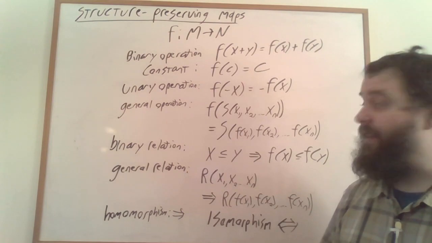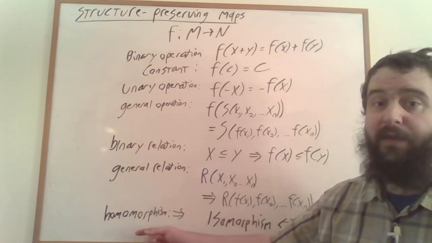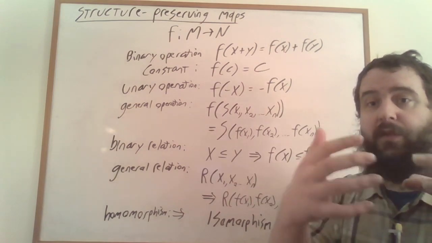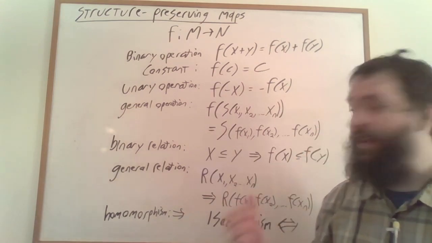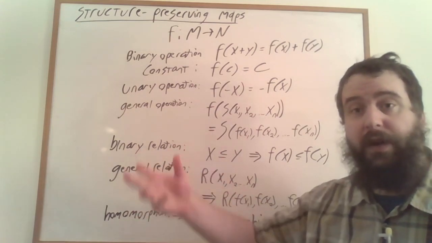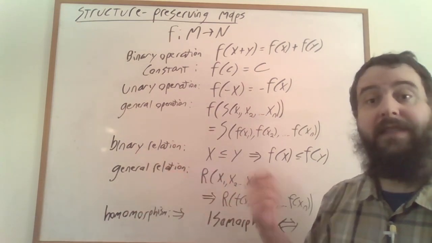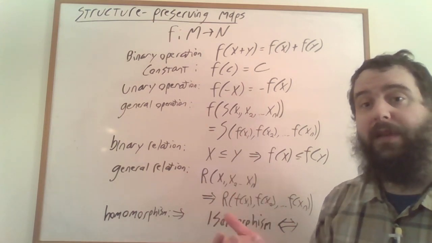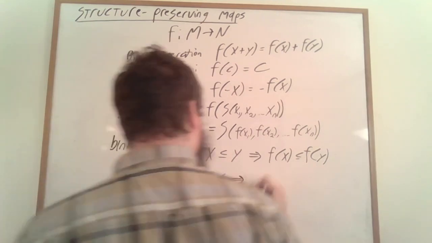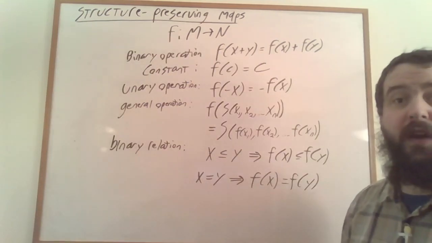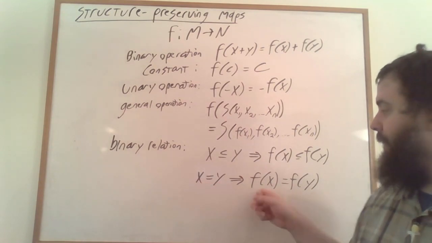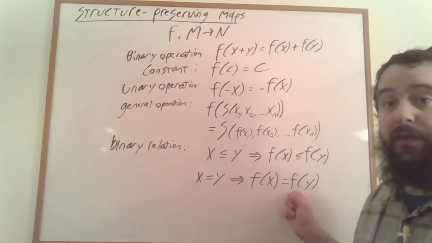On the other hand, if we're just interested in a homomorphism, if we're not interested in a function that pairs up the elements of two structures, if we're interested in a function that just goes from one structure to another, well, let's actually take a look at a binary relation that all structures have: equality. For an arbitrary homomorphism, we simply require that if x is equal to y, then f of x is equal to f of y.